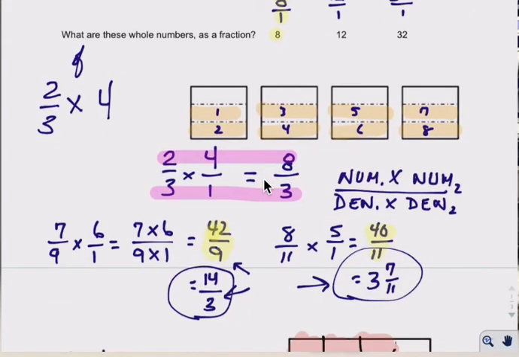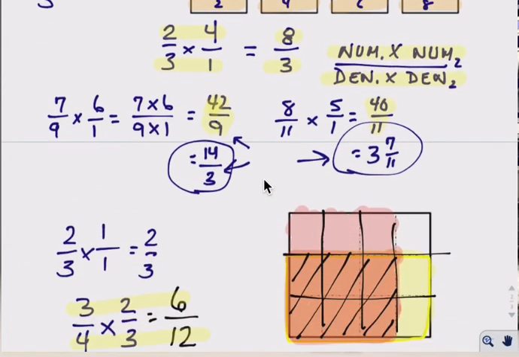So if we took a fraction of a whole number and we treated the whole number as a fraction, so 2/3 times 4, numerator times numerator, 2 times 4, 8. Denominator times denominator, 3 times 1, 3. Okay, numerator times numerator over denominator times denominator. Again, leave improper fractions improper, that's fine for now. Just simplify.